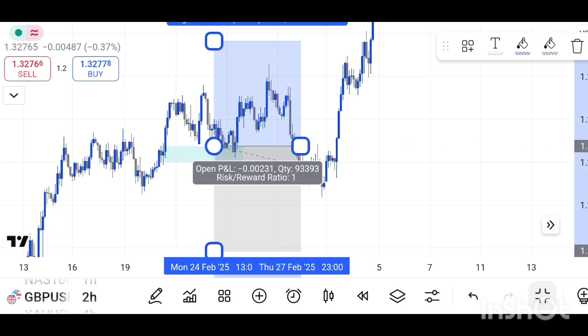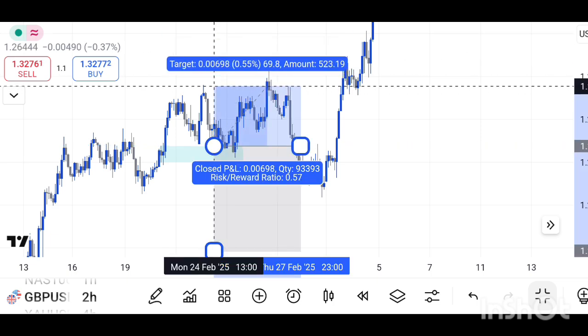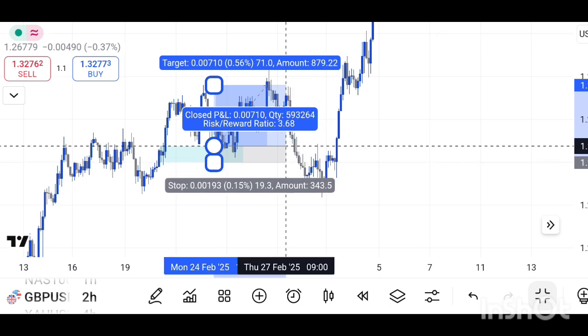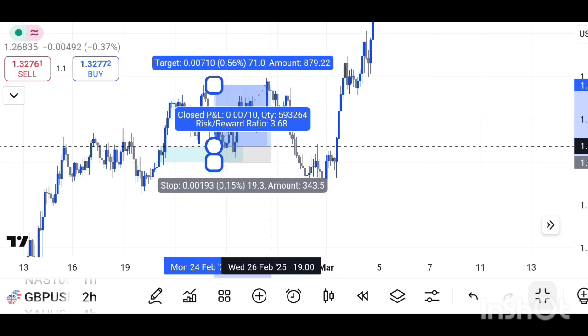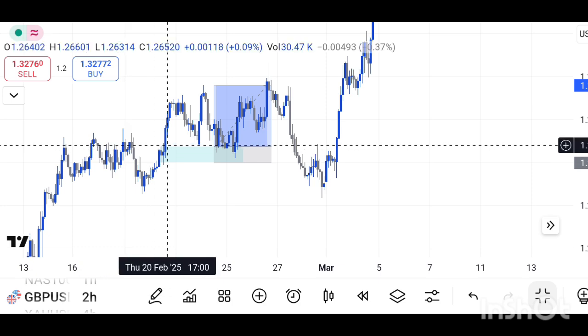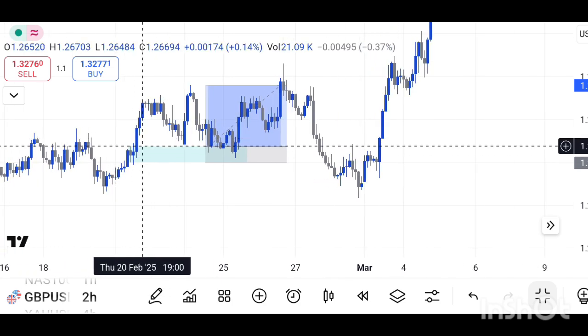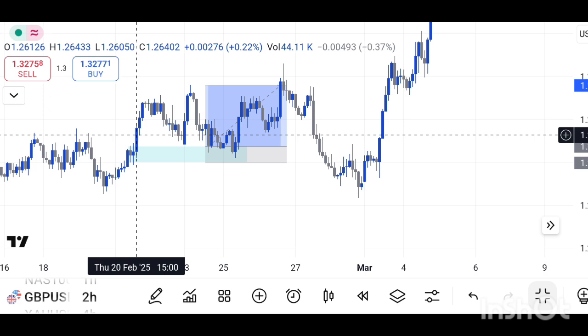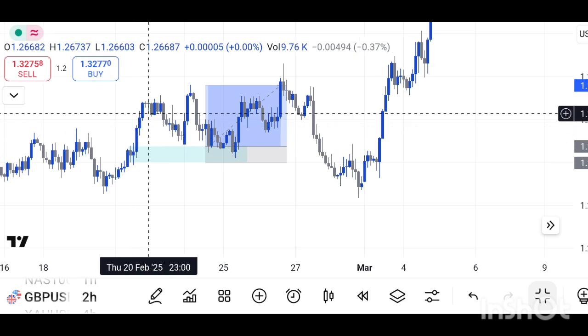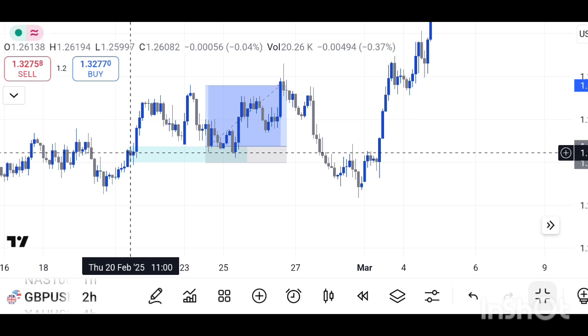So basically, a supply zone is a zone that is created when price makes an impulsive move to the upside or downside. What do I mean? Let me zoom in. So we can see here, price made an impulsive move to the upside, impulsive candle. What does that mean? A big strong candle. 1, 2, 3. It left an opposite candle, gray.